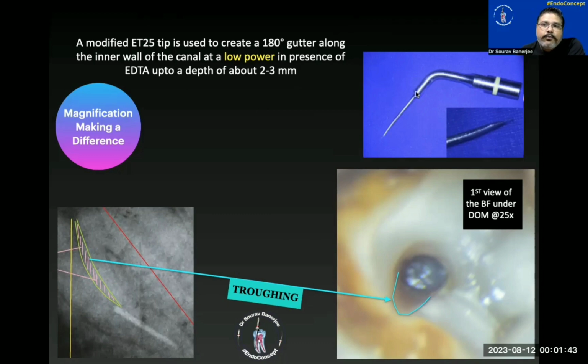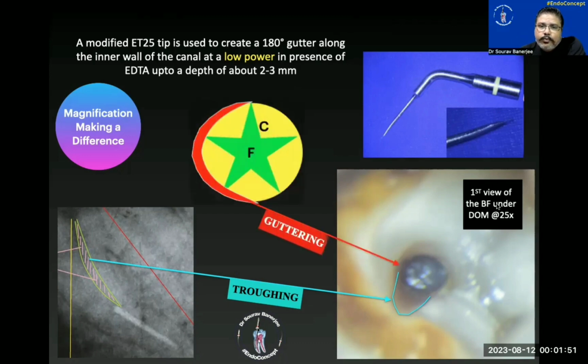So we modified one of the ultrasonic instruments to do a procedure that is known as guttering. What we did was a 180-degree guttering around the inner wall of the instrument to make it free from the canal. That is the first step. And this step has to be done at low power and in the presence of either EDTA or silicone oil.